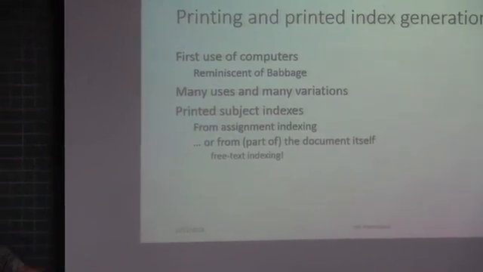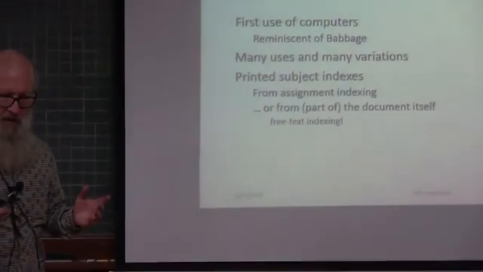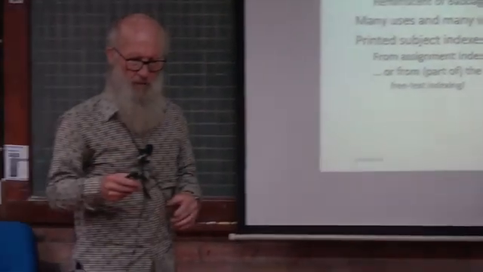The basic idea of the index was that you took every significant word in the title, and that meant you had a list of words that were not significant, and any word that was not on that list you regard as significant. And you make an entry for this title under each of the significant words in it.